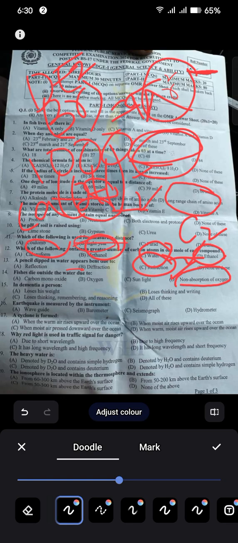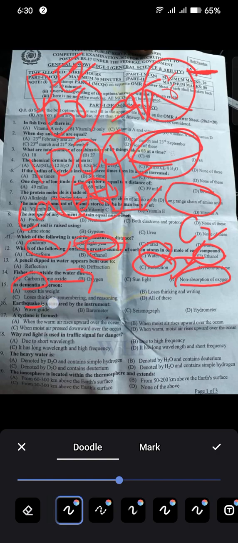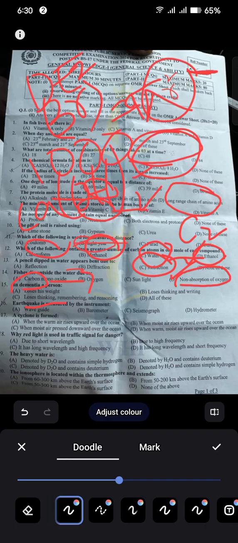So dementia is actually memory loss. This is short-term memory loss, and option C is correct. Loss of thinking, remembering, and reasoning. Actually, it is a memory loss.